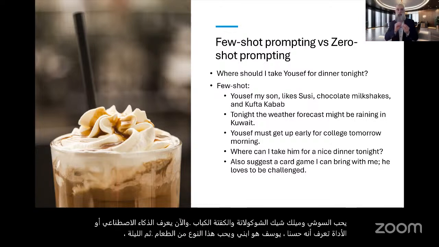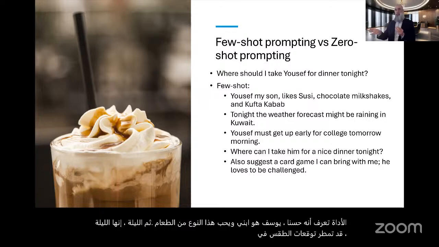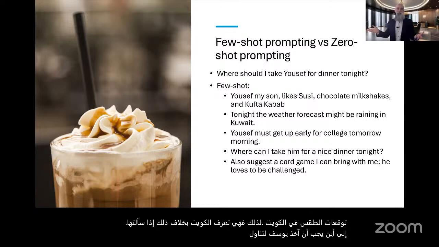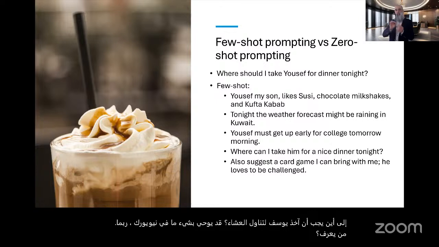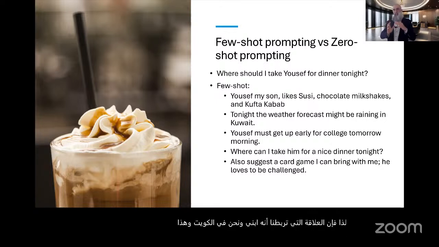So it knows Kuwait. Otherwise, if I ask where I should take Yusuf for dinner, it might suggest something in New York, maybe. Who knows? So having the relation that he's my son and we are in Kuwait, and the weather might be rainy, it will not suggest something on a balcony or something outside.